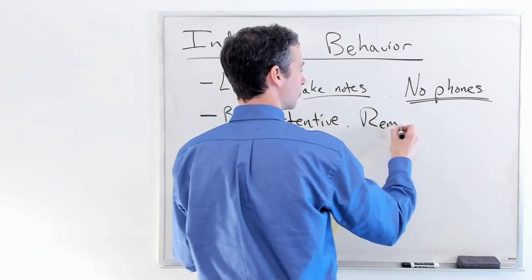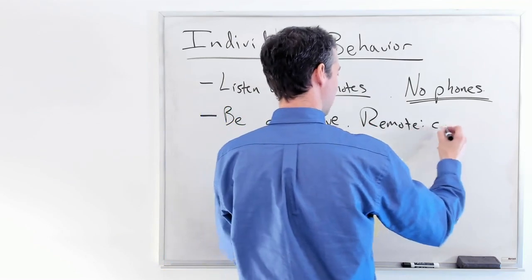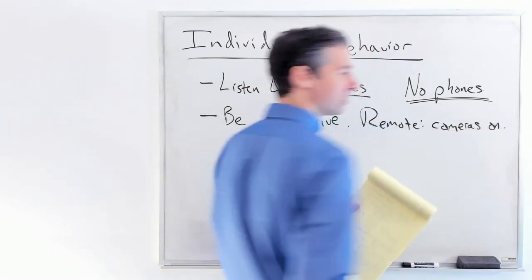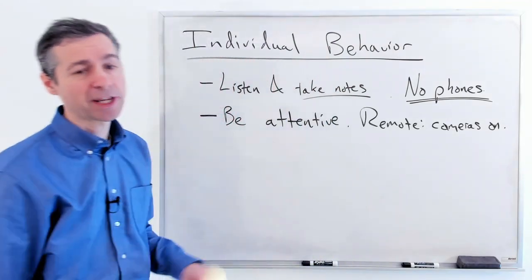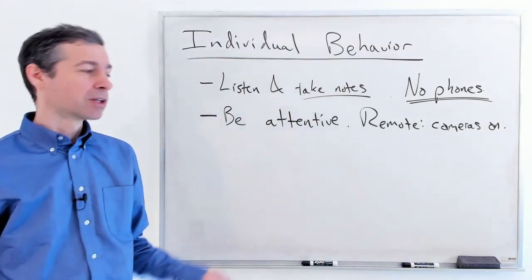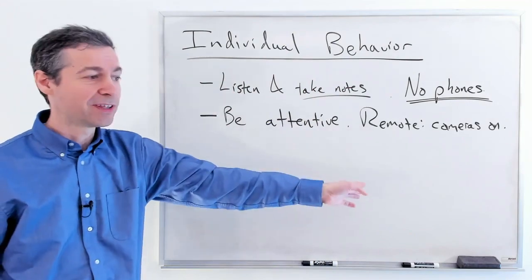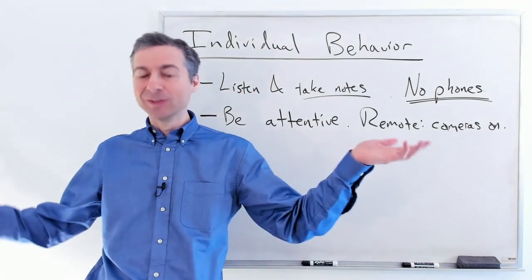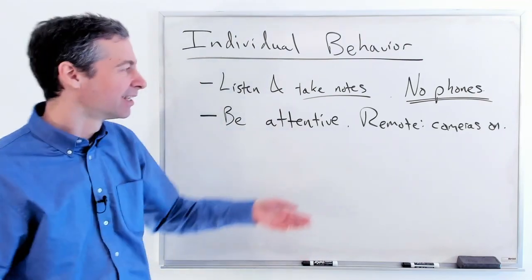But with remote, again, what this is going to mean is you got to have your cameras on. Okay? None of this, I got my camera off. If your camera's off, I know you're like not even there, okay? You're sleeping on the floor. Who knows what you're doing, okay?